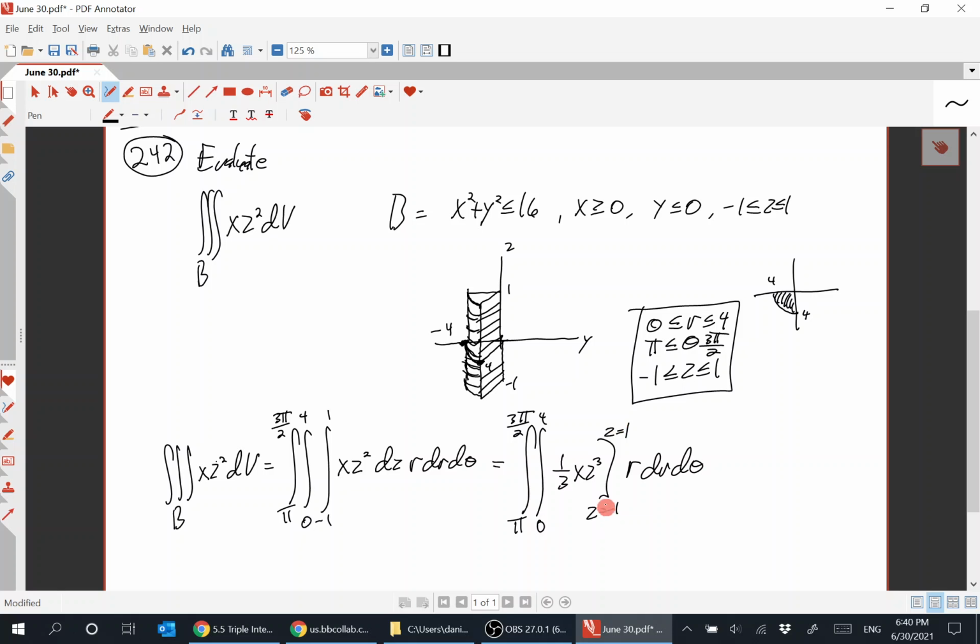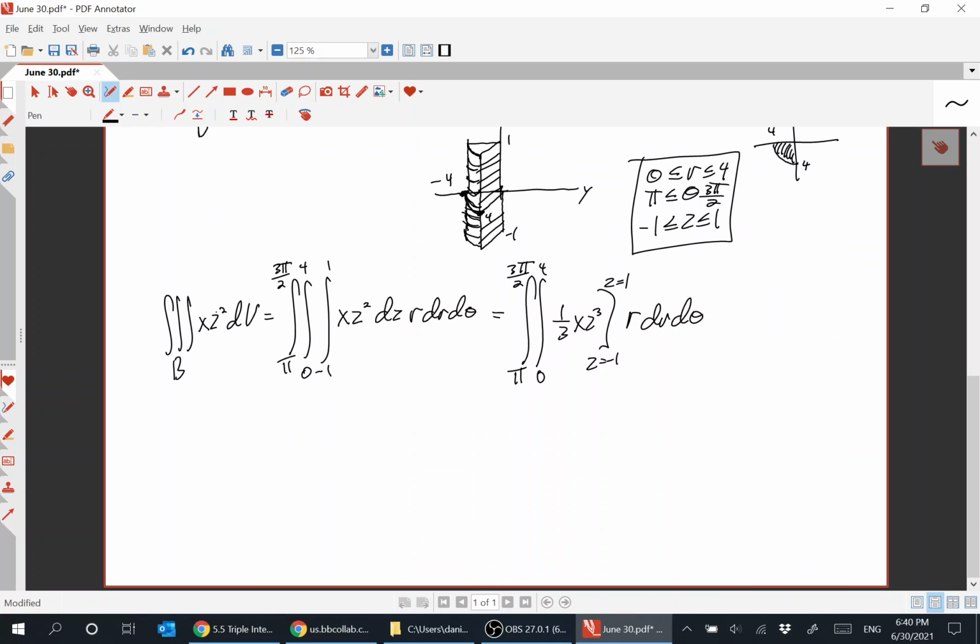So from -1 to 1, z to the third is 2. So this is 2/3 x, r dr d theta.